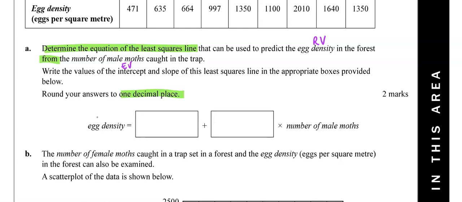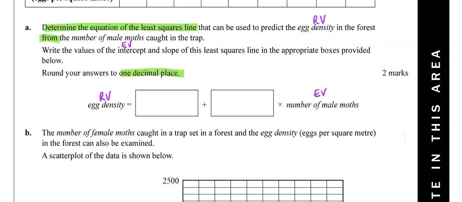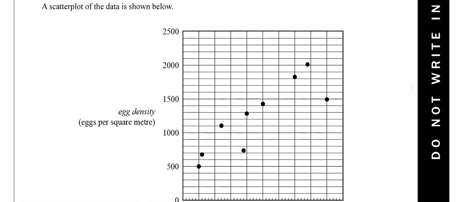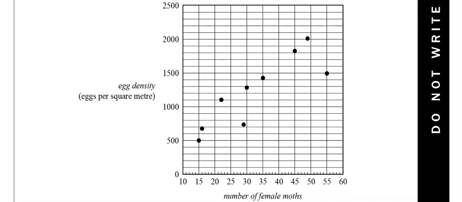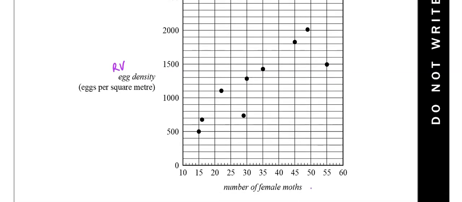So they have written our little template out. And remember, it is RV equals our intercept plus slope times EV. Finally, as we keep moving down the page, we can see they've actually given us a copy of the scatter plot. And so again, we should know our response variable is on the vertical or y-axis, and our explanatory variable is on the horizontal or the x-axis.